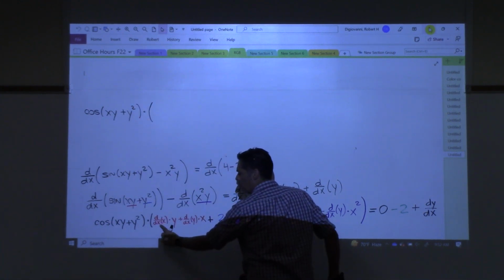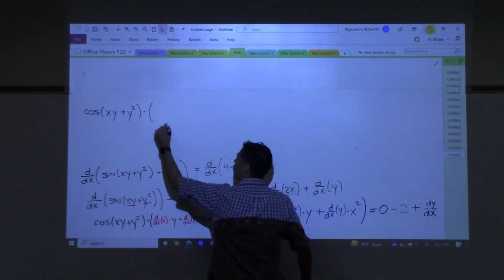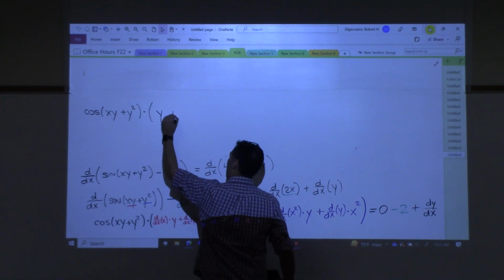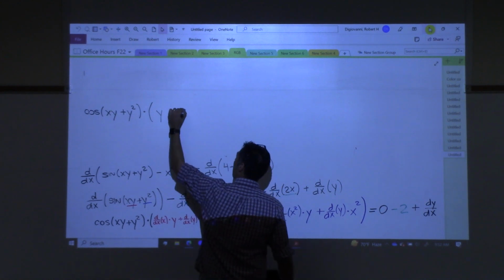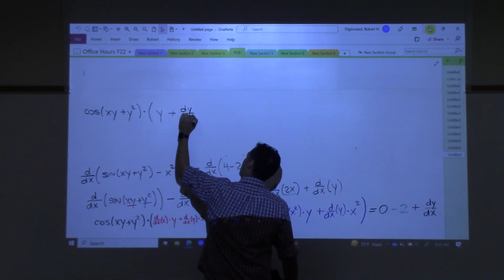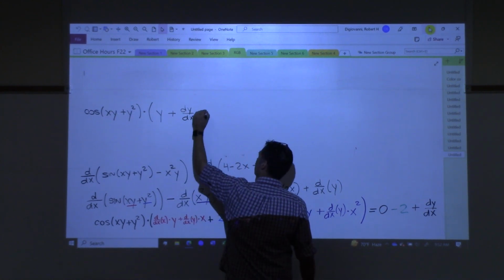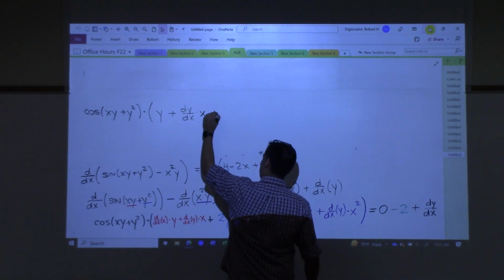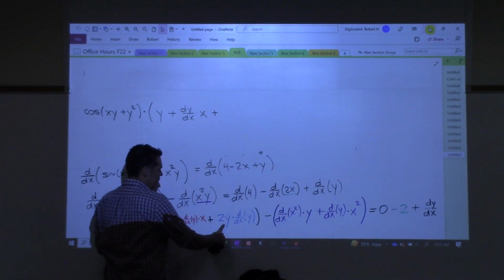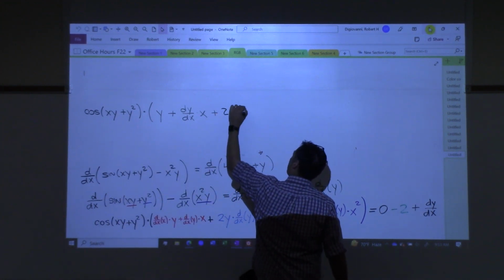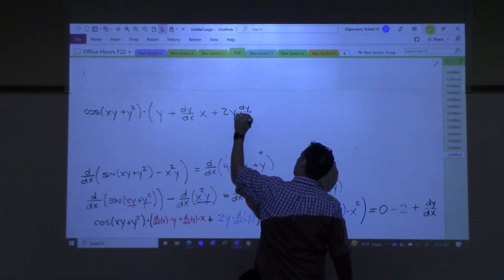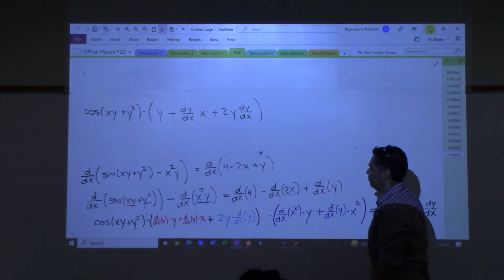This one turns into 1. 1 times y is y, plus the derivative with respect to x of y is dy/dx times x, plus 2y times dy/dx. Close the parenthesis.